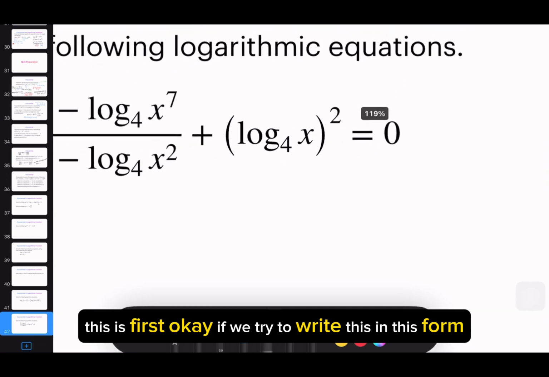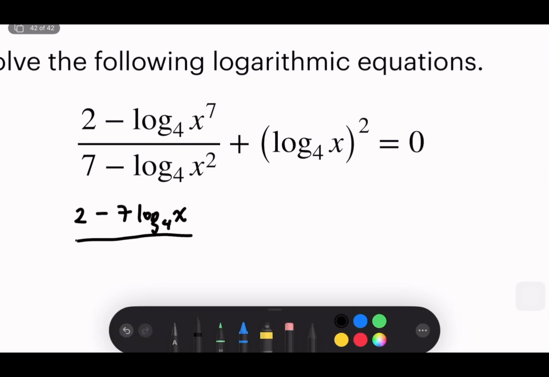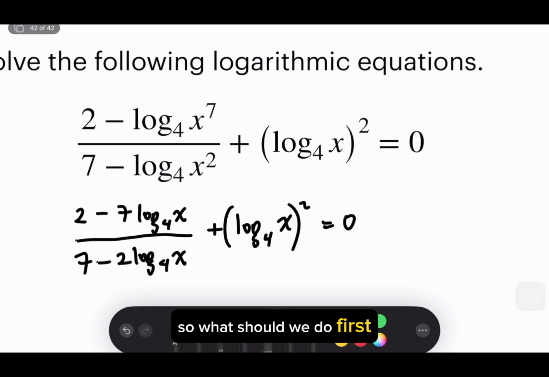First, if we try to write this in this form, what should we do first? We could substitute.